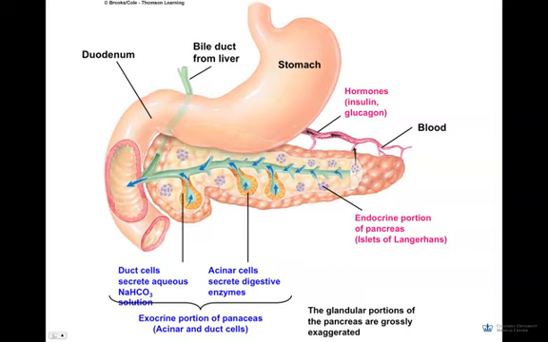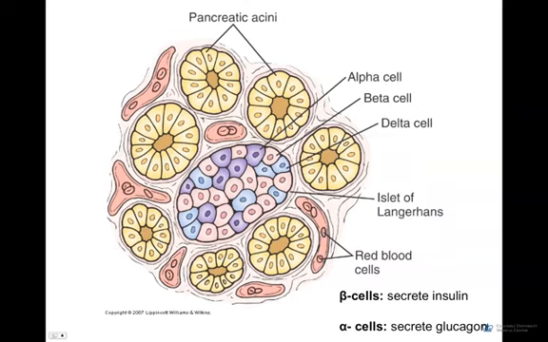So the exocrine portion of the pancreas is absolutely critical for food digestion. And then the endocrine portion of the pancreas is organized into these islands of cells that we call the islets of Langerhans.